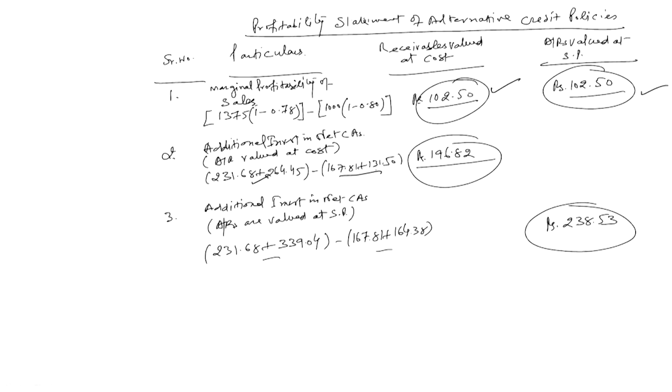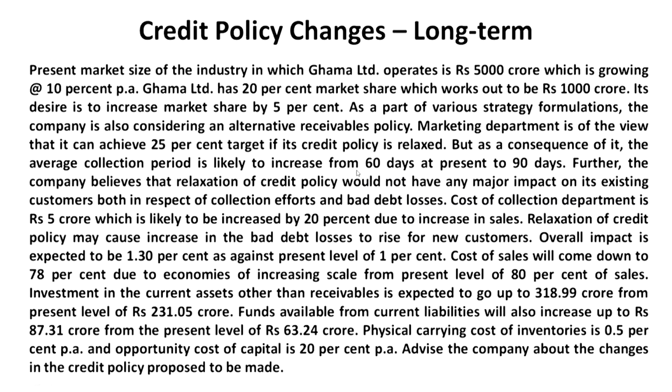So this is the level of investment we were making. The existing level of investment was 167.81 in the current assets, which we have seen in this problem, the level of current assets given to us in the problem sheet.